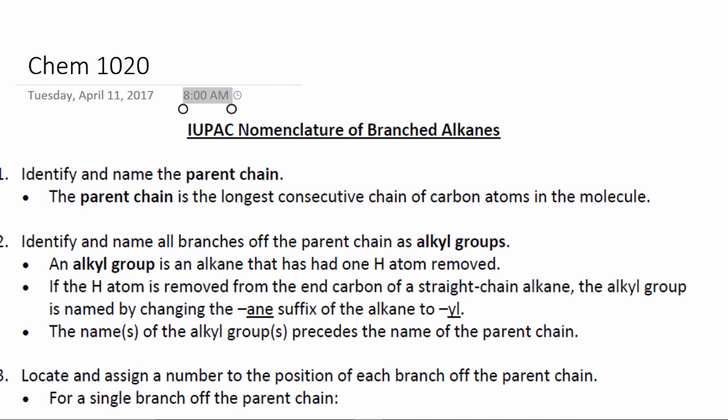Now, the nomenclature that we're looking at here in Chapter 18 is called IUPAC nomenclature. IUPAC is an acronym which stands for the International Union of Pure and Applied Chemistry, and these are rules provided by IUPAC. What is so significant about IUPAC?